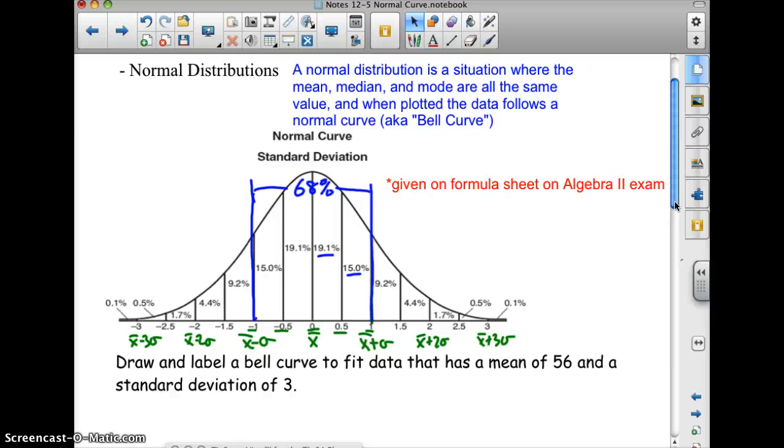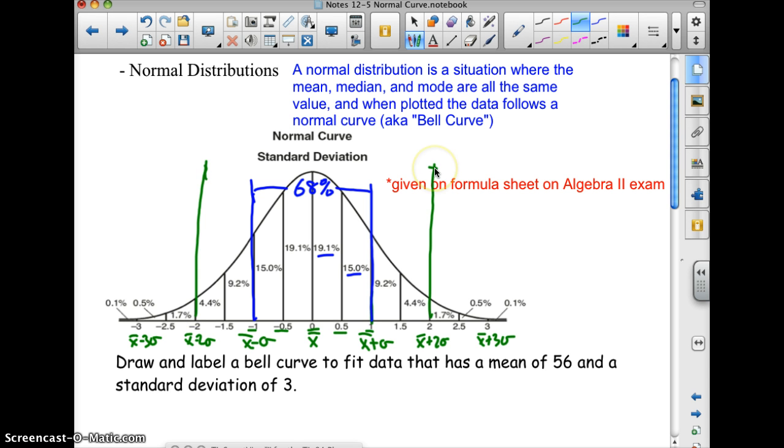Okay, and within two standard deviations of the mean, all right, this is the other one here, like if we go out here, here to here, right, and we go 2 standard deviations below and 2 standard deviations above, the percent of data that lies in there is, if you add all of these together, you can figure it out, or you can take these ones out here and subtract it, like 1.7 plus 0.1 is 1.8, that's going to be like 2.4, right? 2.3 on either side, right?